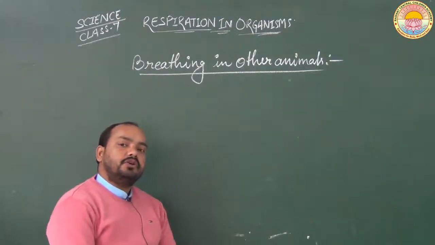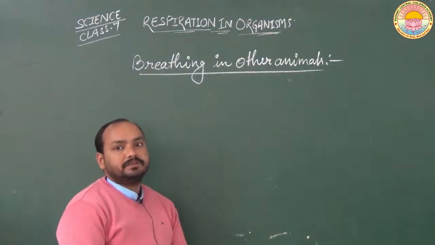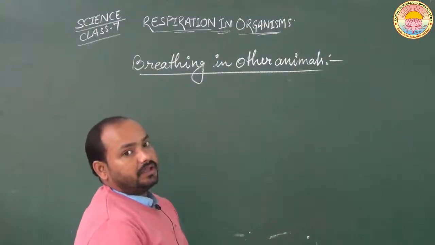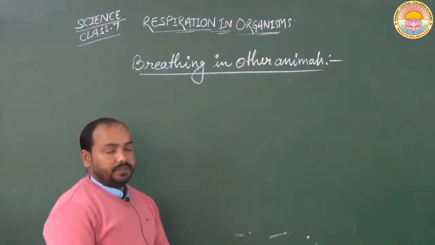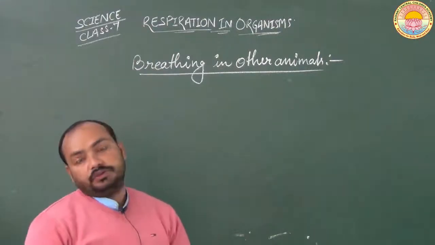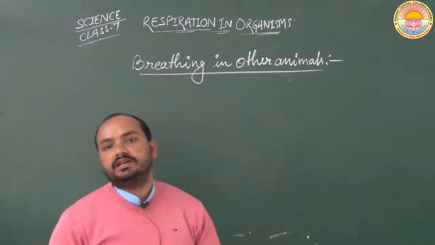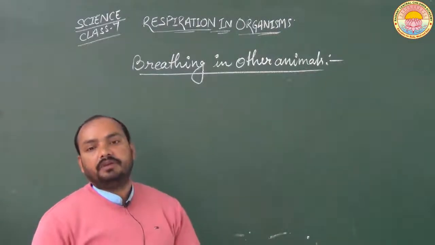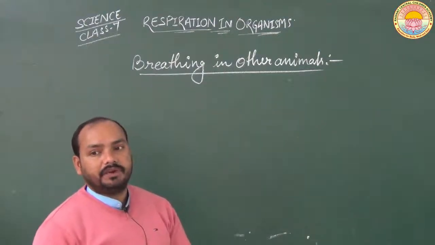In multicellular organisms, a completely and well developed respiratory system is present that helps in the breathing process, while in unicellular organisms the whole body is made of a single cell, and that's why they don't have a well developed respiratory system or breathing organ.